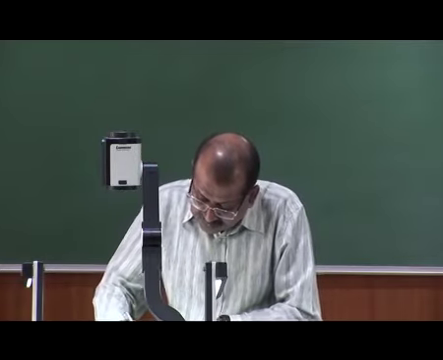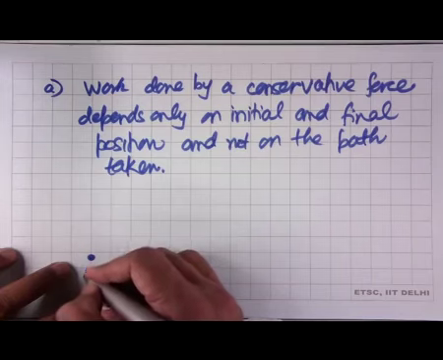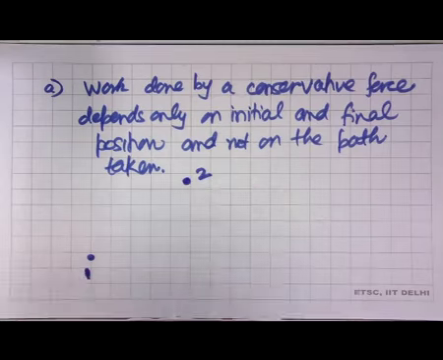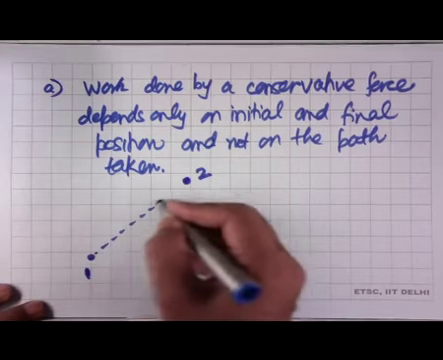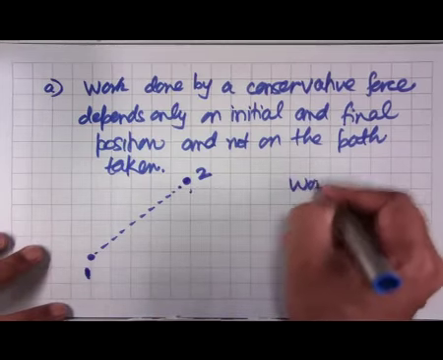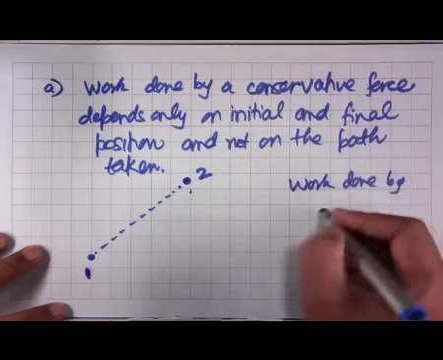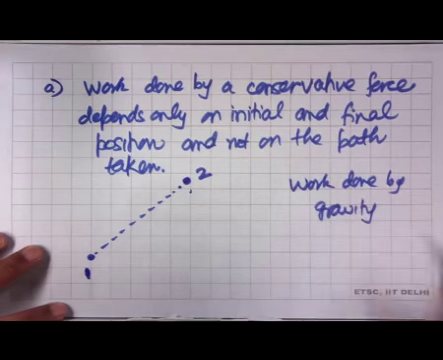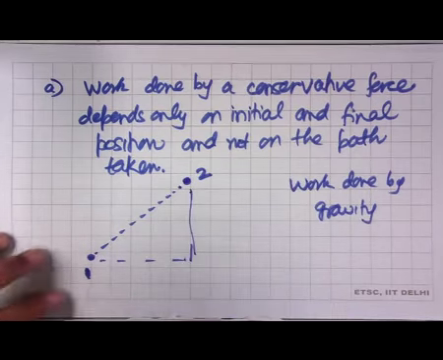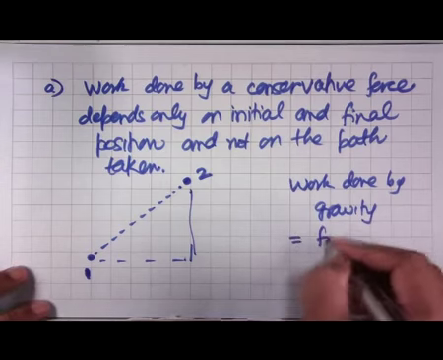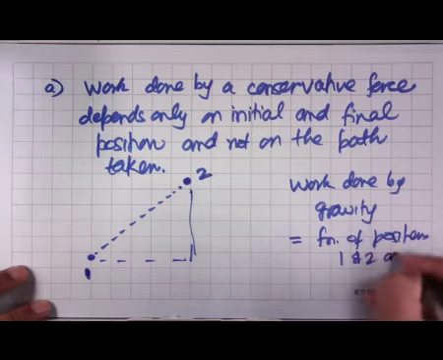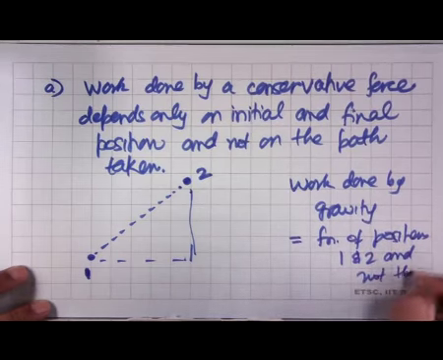For example, if we have a body which is moved up from position 1 to position 2, we move it up an incline, and so here the work done by gravity will be just a function of positions 1 and 2 and not the path.